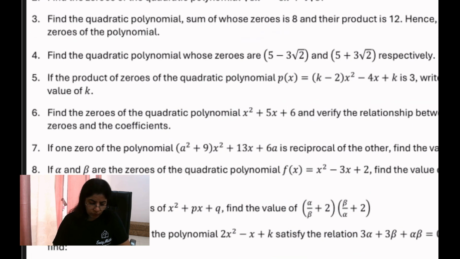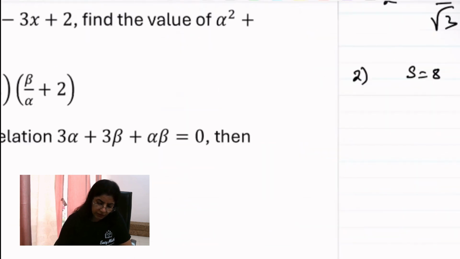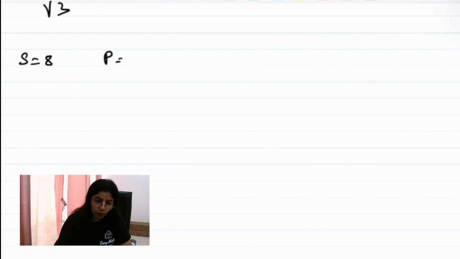Moving on to the second question, find a quadratic polynomial whose sum of zeros is 8 and the product is 12. Now, in this question, they have given that the sum of zeros S is 8 and the product is 12.